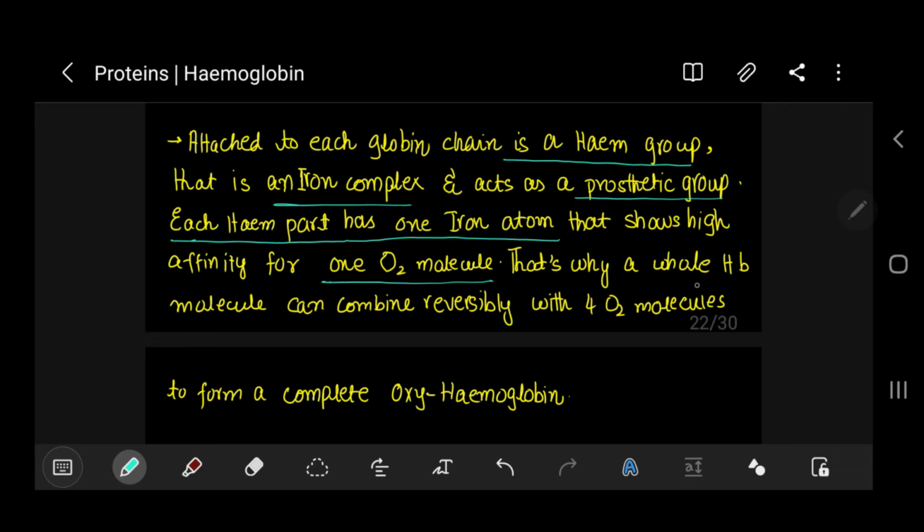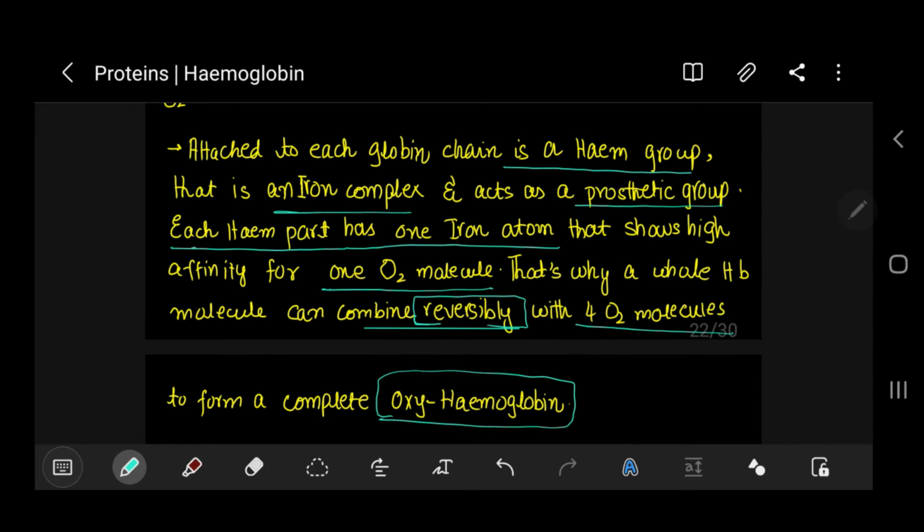That's why a whole hemoglobin molecule can combine reversibly, and it's important, it's not permanent, with 4 oxygen molecules to form oxyhemoglobin.